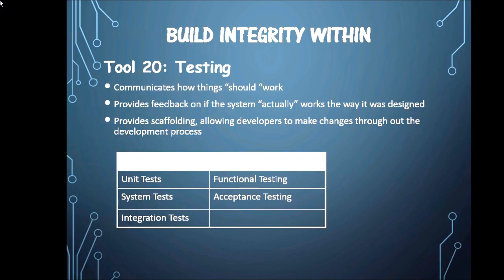There are two kinds of tests in this testing tool: developer tests and customer tests. Developer tests include three: unit test, system test, and integration test. And customer tests include two: functional testing and acceptance testing.